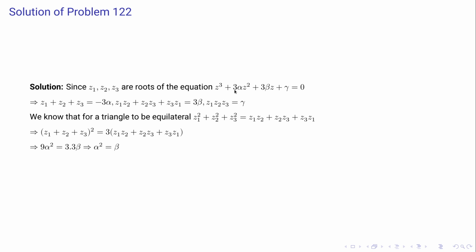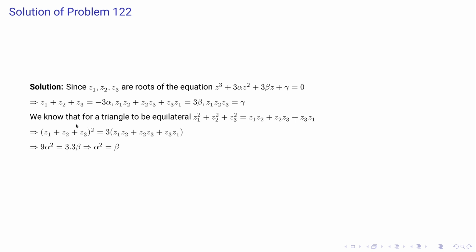So you see that here we will have Z1 plus Z2 plus Z3 is equal to minus 3 alpha, and Z1 Z2 plus Z2 Z3 plus Z3 Z1 is equal to 3 beta, and Z1 Z2 Z3 would be minus gamma. There is a missing minus sign here.